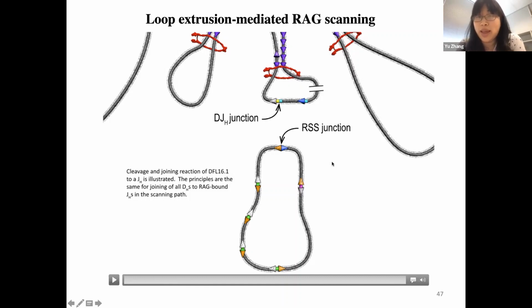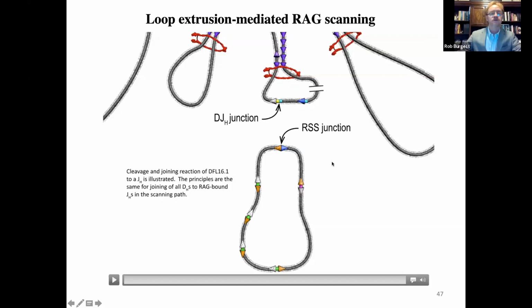But before it starts the scanning, it has to first bind to one substrate and then look for the other substrates. And what anchors it at that substrate, I think it can indeed be other proteins bound within that region. For example, transcription factors or other proteins, other cohesin or even other RAG proteins. Yeah.